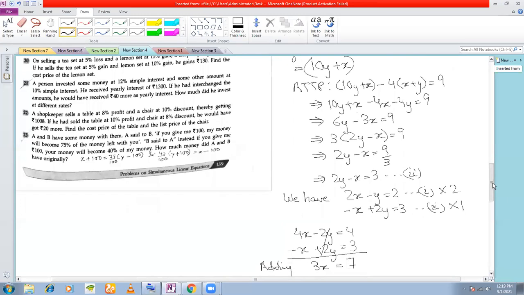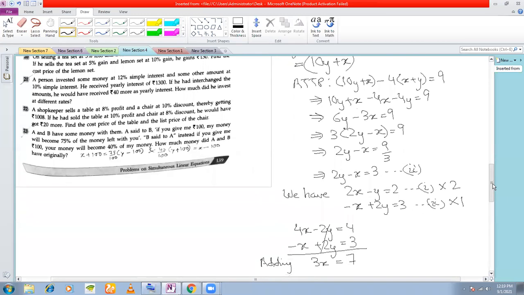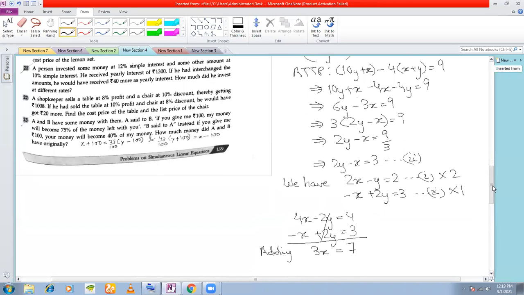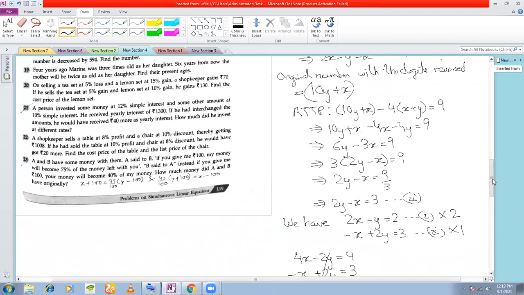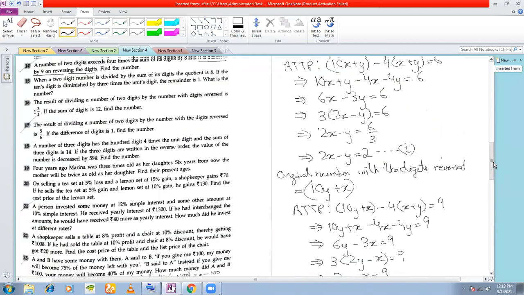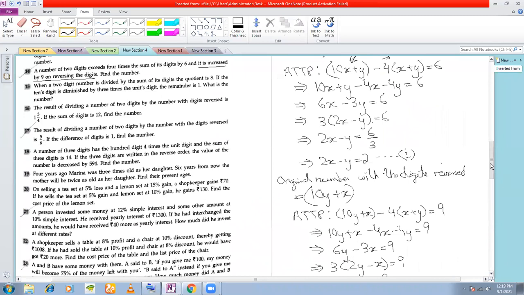This is okay. And it is increased by 9 on reversing the digits. Okay. Just give me a minute.